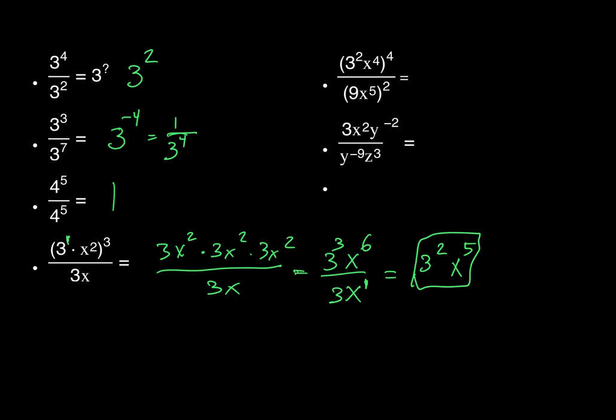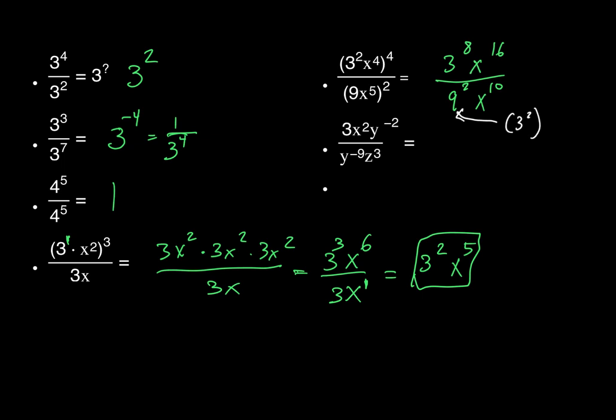And I heard many people doing it on this next one here. So this will be 3 to the 8th, x to the 16th, 9 squared, x to the 10th. And now, because you've been doing math for what feels like your entire life, 9 can actually be rewritten as 3 squared.